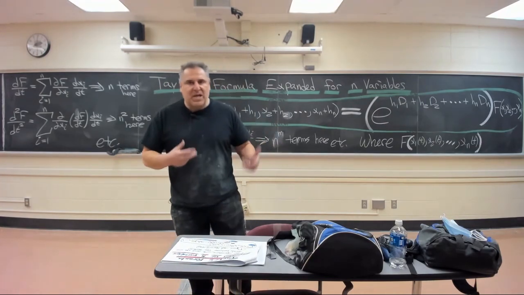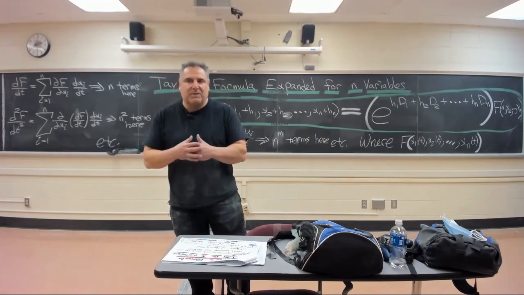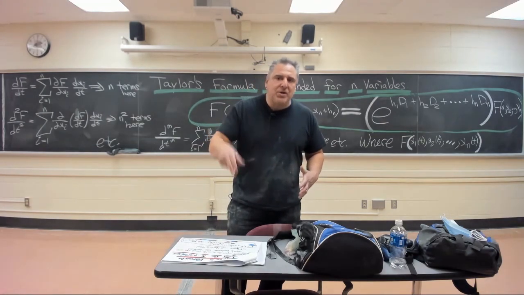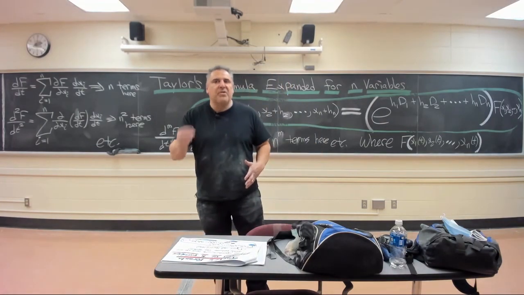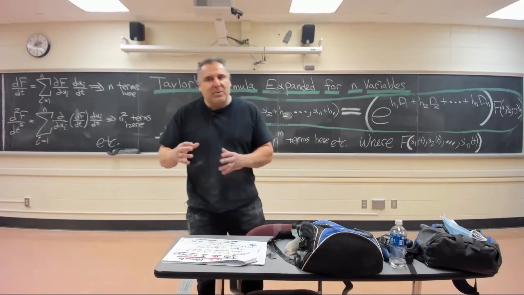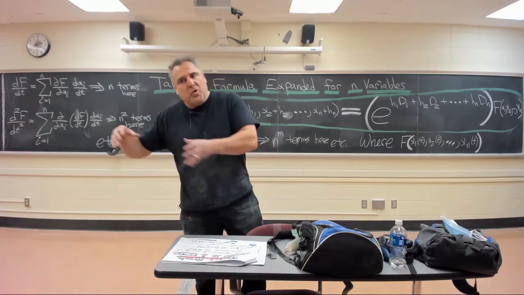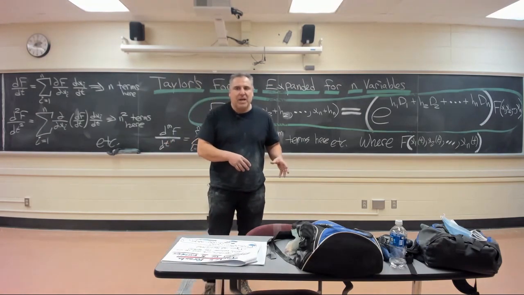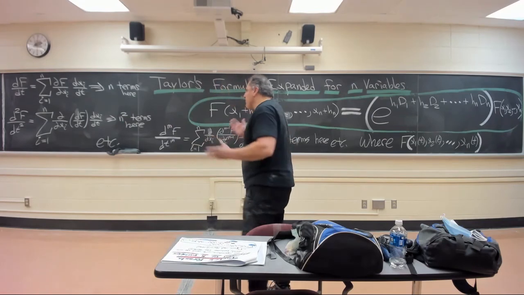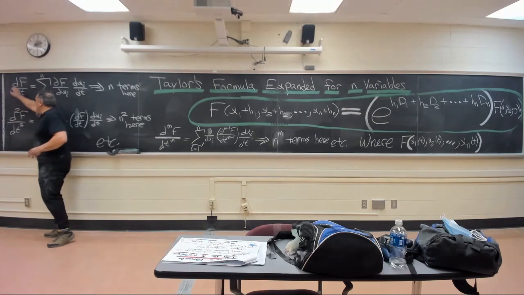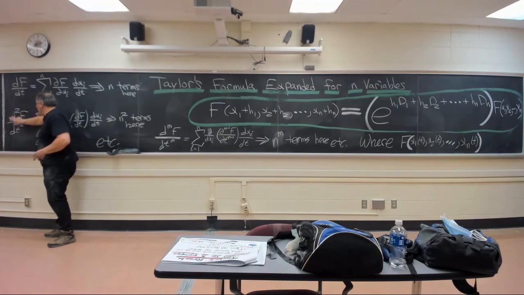The operators themselves are being exponentiated, not the end result, though in some cases results are also exponentiated. A perfect example: if you take the derivative operator d/dt and square it, it becomes d squared dt squared.